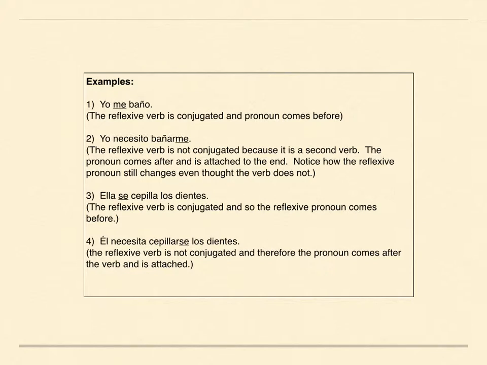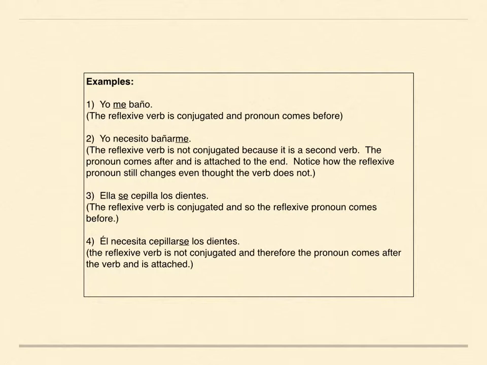Example 2. Yo necesito bañarme. Notice how we have two verbs, necesito, and then some form of the reflexive verb, bañarse. Notice how, as a second verb, bañarse, the main root or verb, bañar, doesn't change, just as with all of our other verbs.